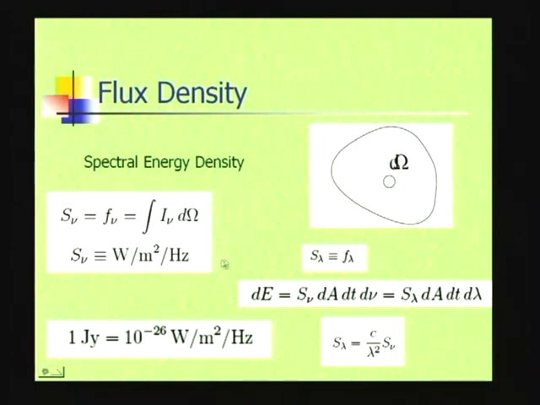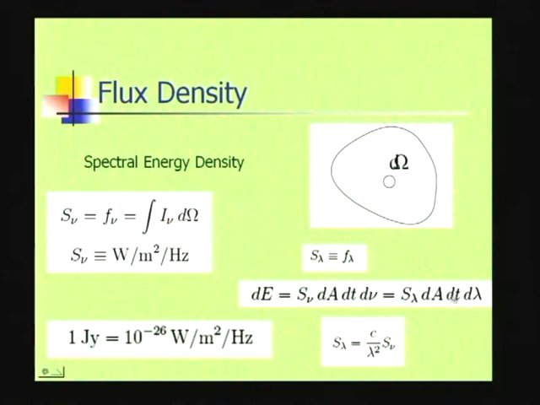Equivalently, I could also work in terms of the wavelength. Okay, so one could also define this spectral energy density using the wavelength. So I would then have F lambda and S lambda. These are defined so that the energy dE is S lambda into dA dt into d lambda.